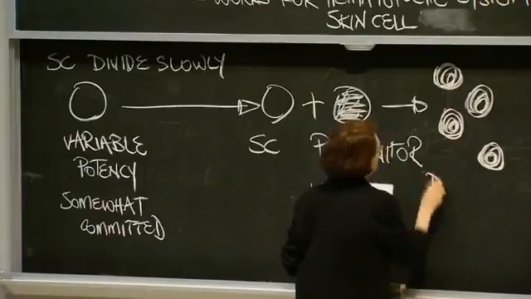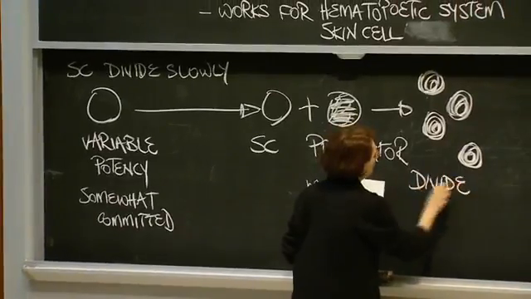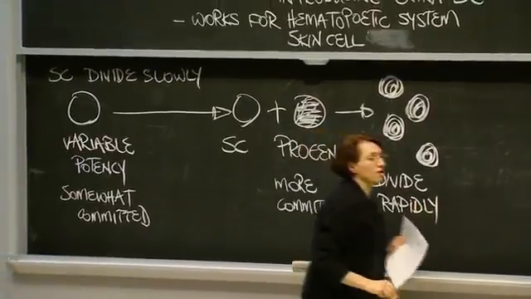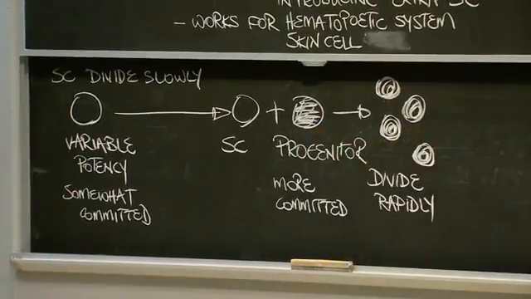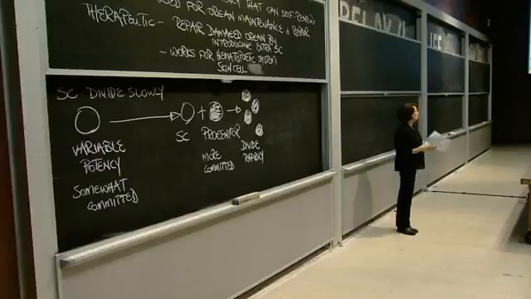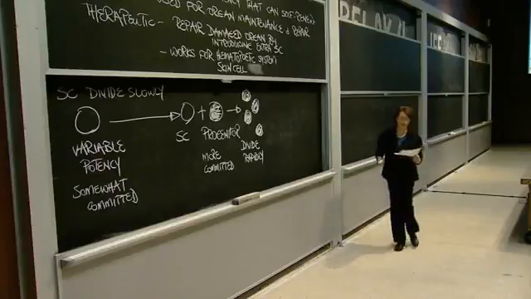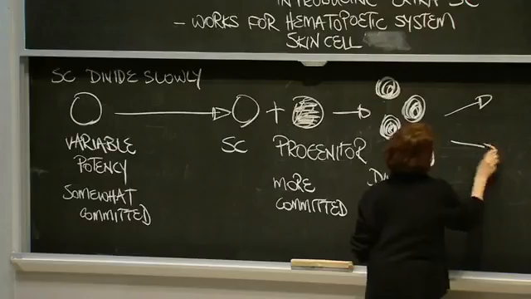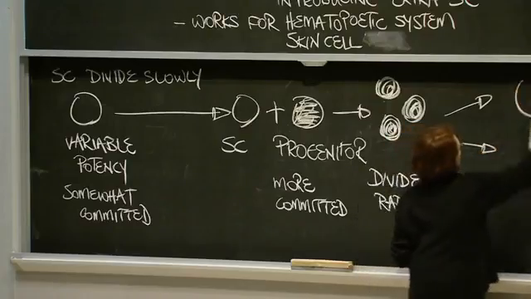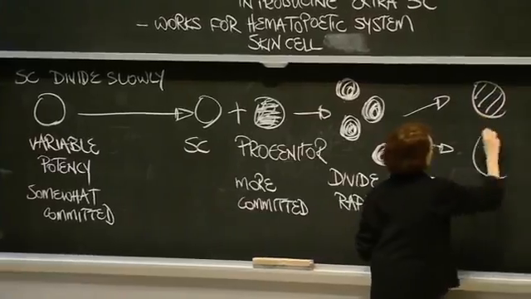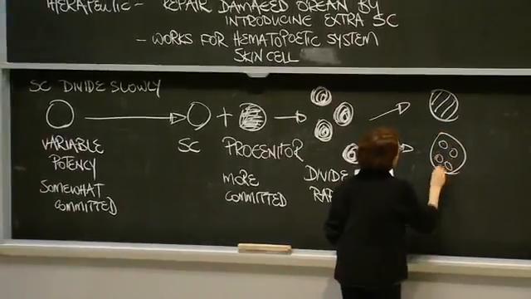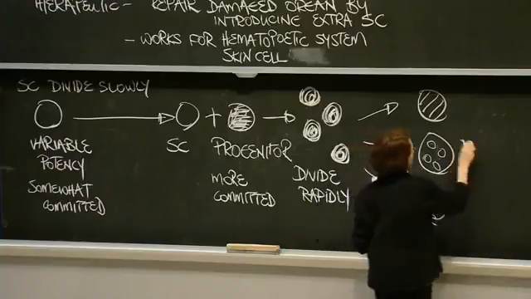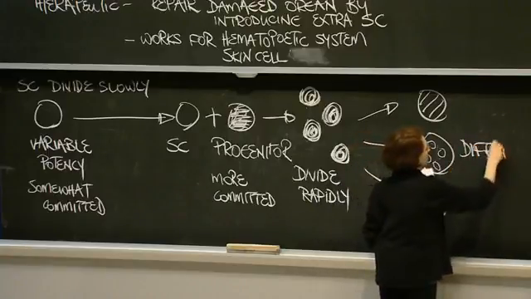So progenitors divide rapidly. And their progeny will eventually go on and differentiate into one or more different kinds of cells. Maybe a stripy cell, and a spotted cell type, and a cell type with squiggles. And so here are the differentiated cell types.